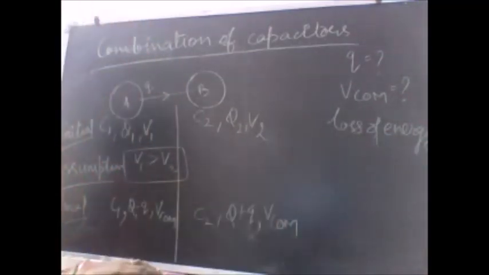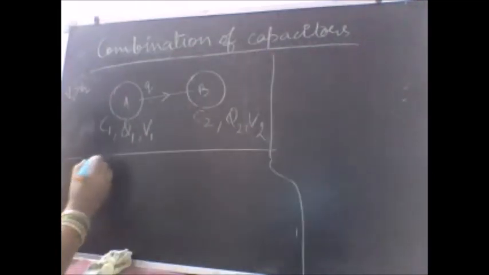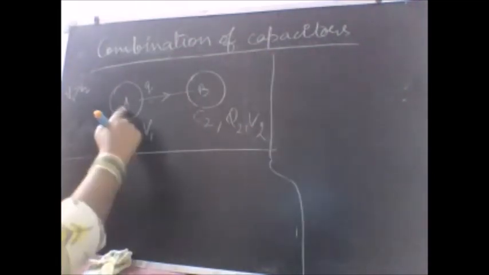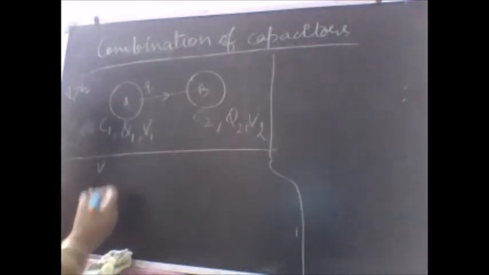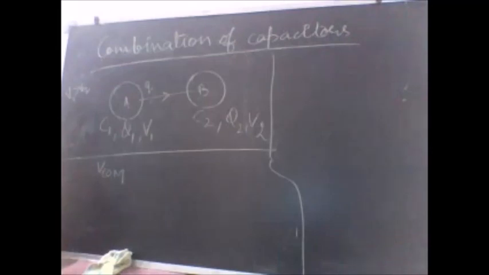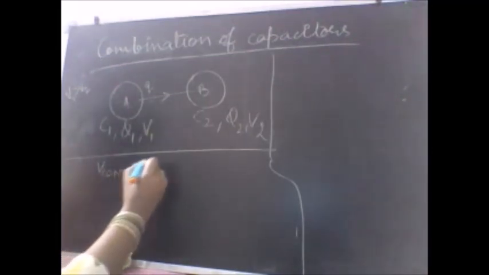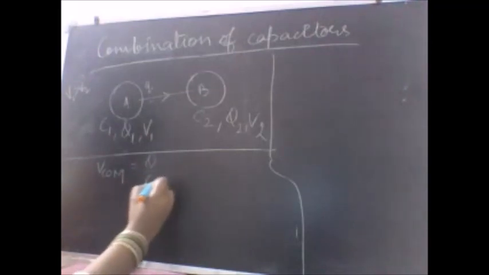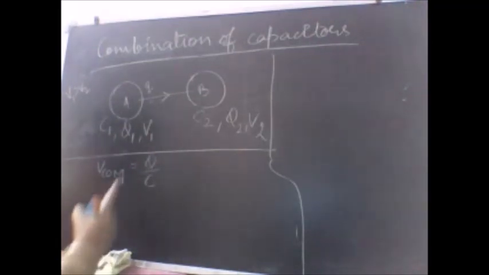Can we start by saying that after the charge has flown to the point B, both the spheres have acquired a common potential, and using the formula C is equal to Q by V, I can say that this is Q by C. What is this Q here?